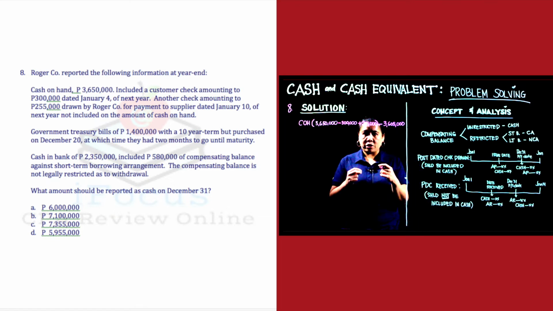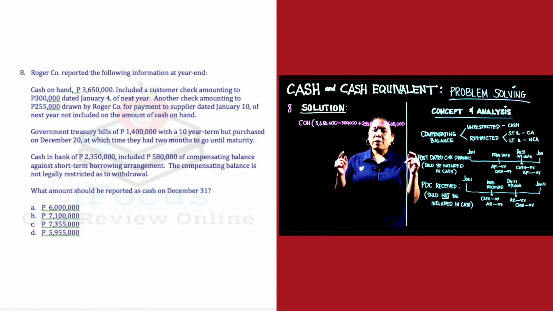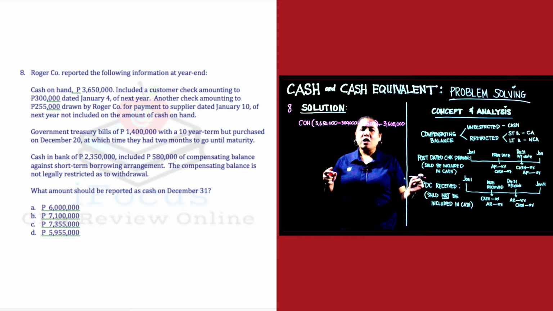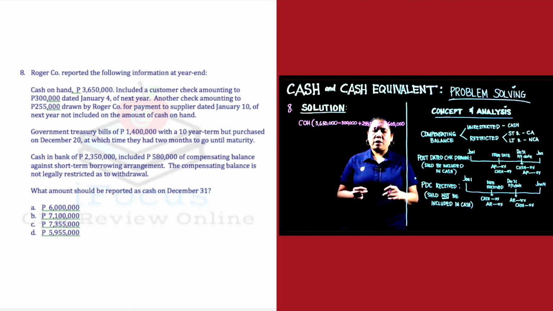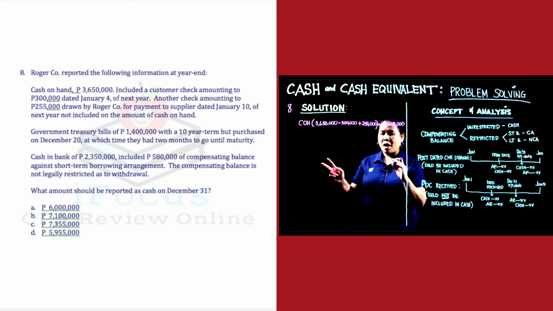This is considered as our cash equivalent. Pero ang hinahanap ng problem natin ay yung cash lang, hindi cash and cash equivalent. Alright? So, itong government treasury bills, hindi natin yan i-include sa ating cash. And another item is cash in bank of 2,350,000. Syempre yan, kasama sa ating cash.